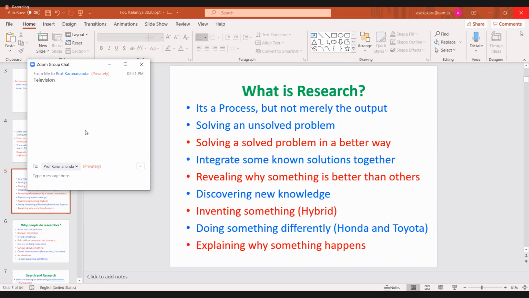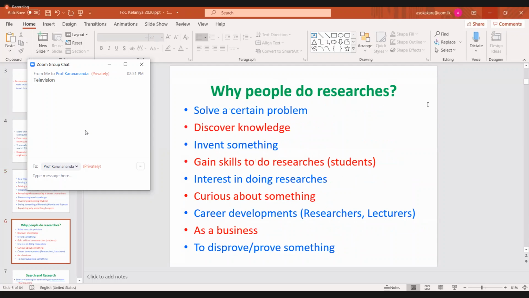So you better write all these down: Newton, Galileo, Copernicus, Archimedes, people who explained why certain things happen.